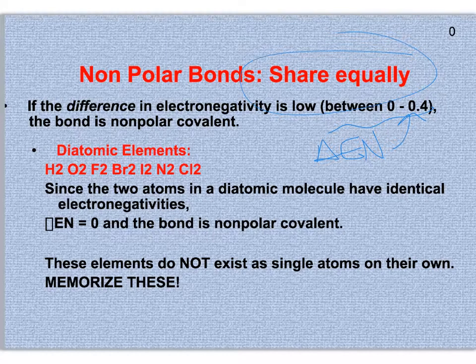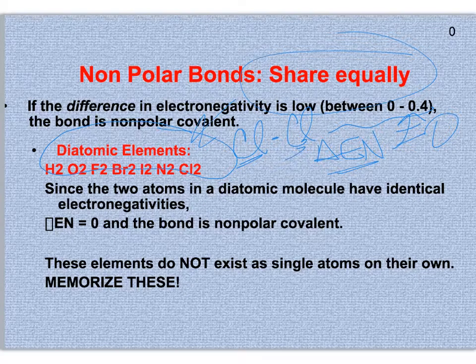So some of the most obvious nonpolar bonds are the diatomic elements. Obviously, since there are two of the same element, the electronegativity for the two atoms are identical, and therefore the difference in electronegativity for diatomics is 0. So the diatomics clearly are nonpolar.